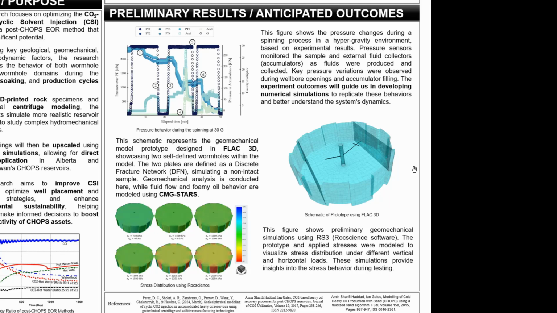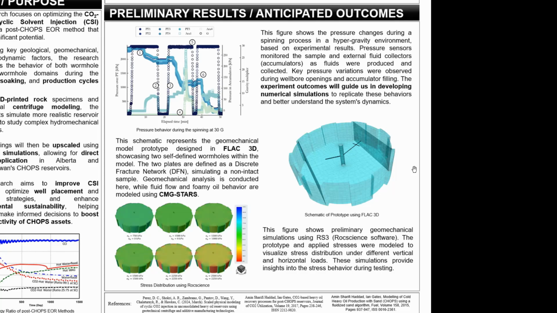The foamy oil behavior is modeled using chemical reactions to replicate the dissolved gas and non-equilibrium conditions that occur during pressure depletion. This combined modeling approach provides a more comprehensive understanding of how the reservoir's wormholes interact with the injected CO2 during the injection, soaking, and production cycles of CSI.